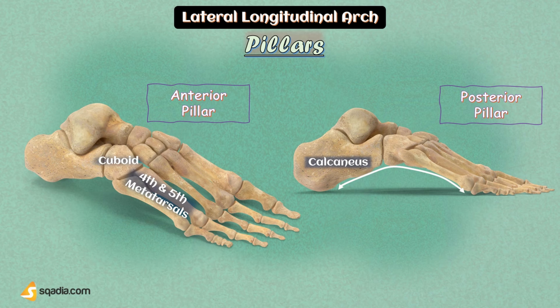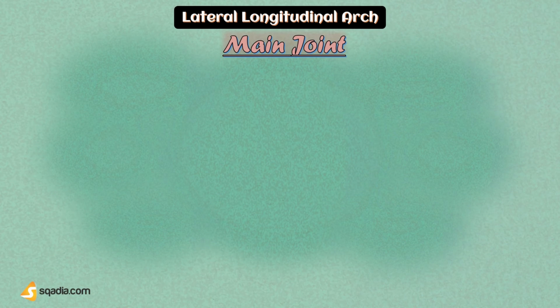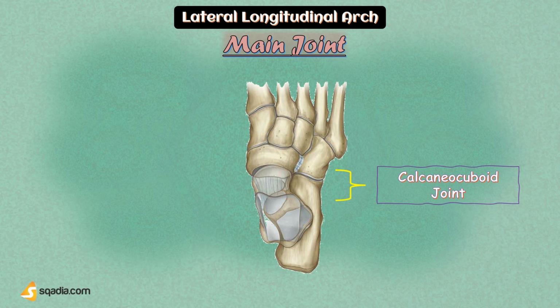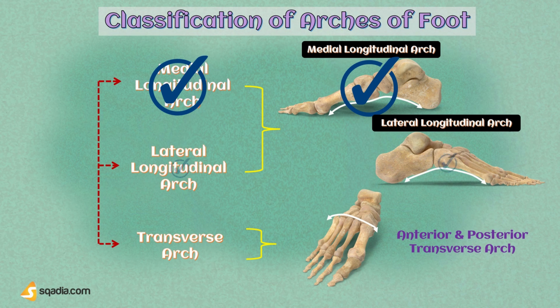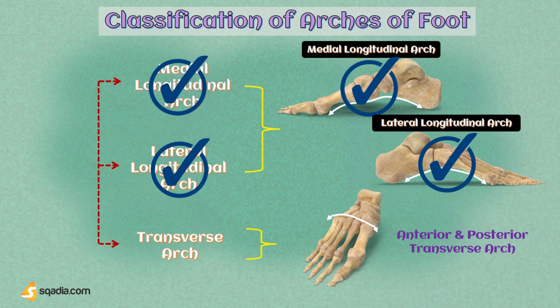The posterior pillar is short and strong. It is formed by the lateral half of the calcaneus. As for the main joint of lateral longitudinal arch, it is the calcaneo-cuboid joint. That is all about the key constituents of the lateral arch of the foot.